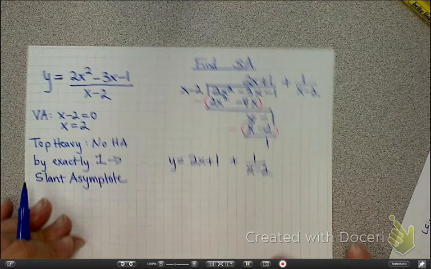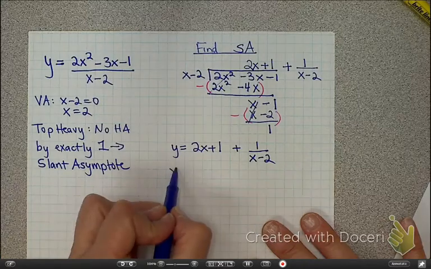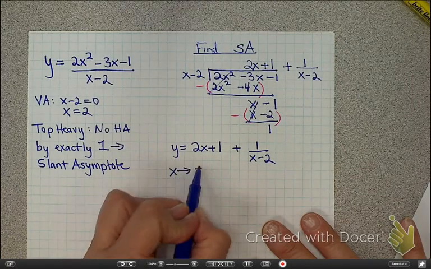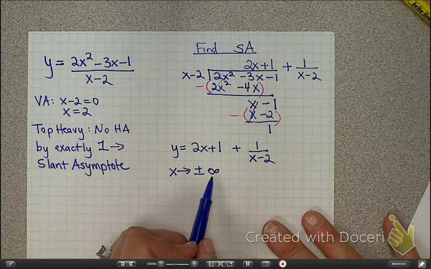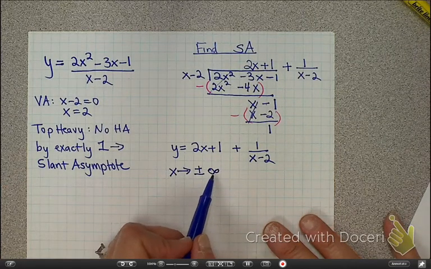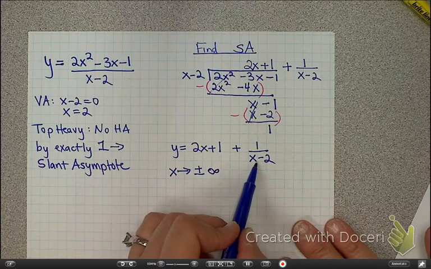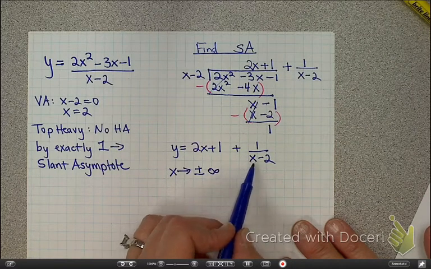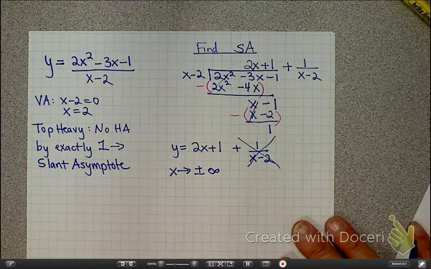Now, remember to find any asymptote, we let x approach either positive or negative infinity. When you let x get really big, then when you plug that into the denominator, the fraction basically turns into 0. So this just goes away.